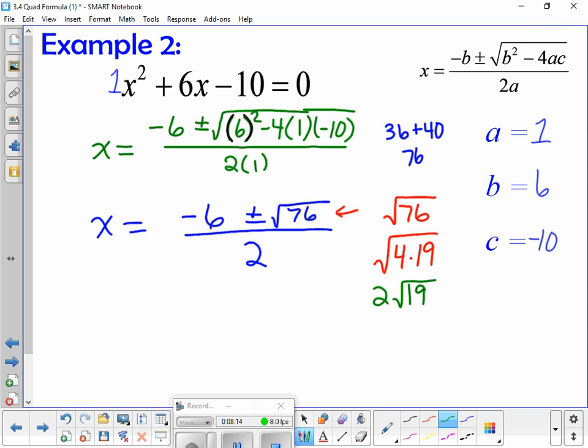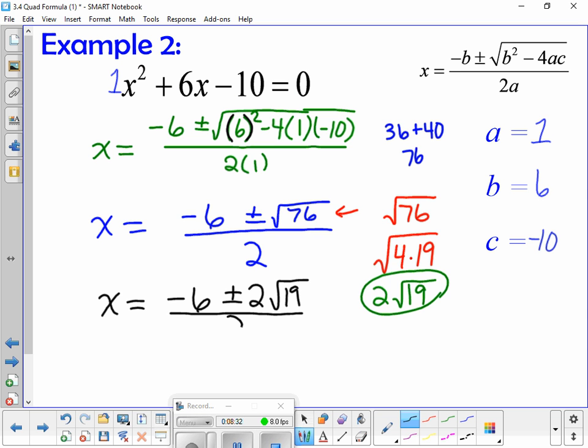We can't simplify the radical of 19 any more than it already is. So this 2 root 19 is what the root of 76 simplifies to. So let's add that into our formula here. Negative 6 plus or minus 2 root 19, all divided by 2.